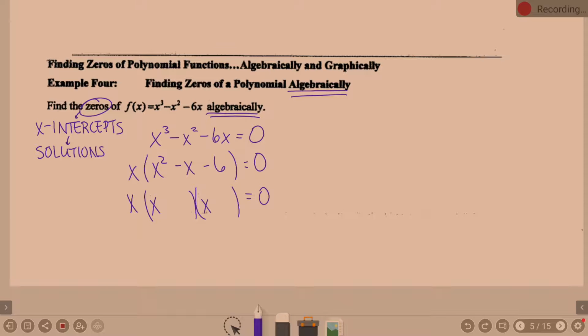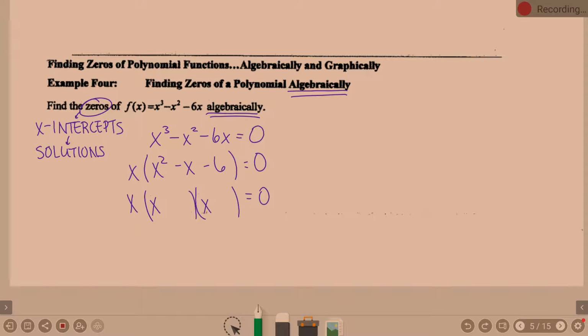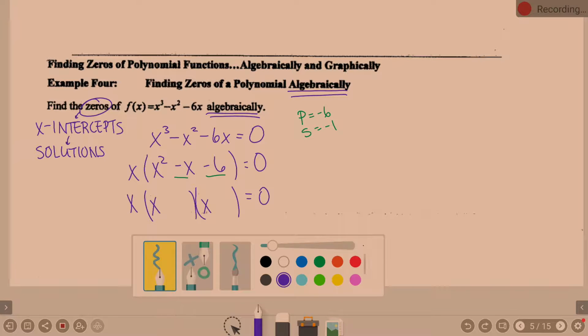Numbers need to give me a product of -6 and a sum of -1. What gives me a product of -6 and a sum of -1? I like it. -3, +2.